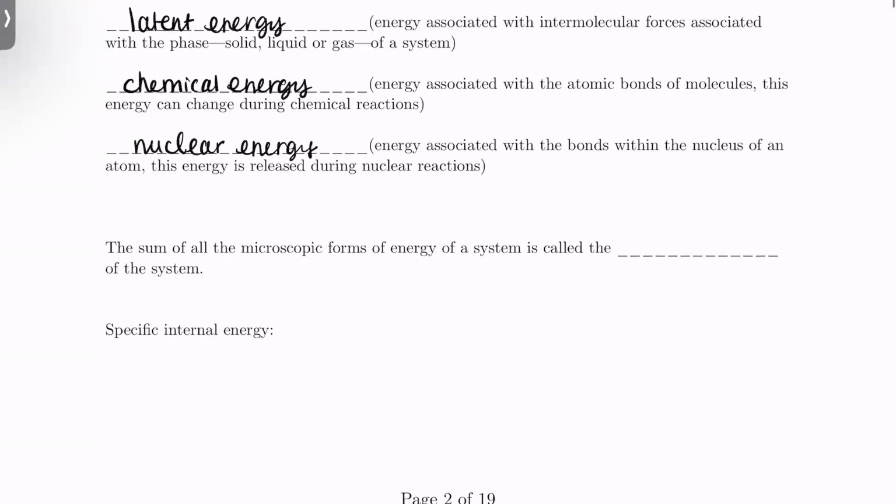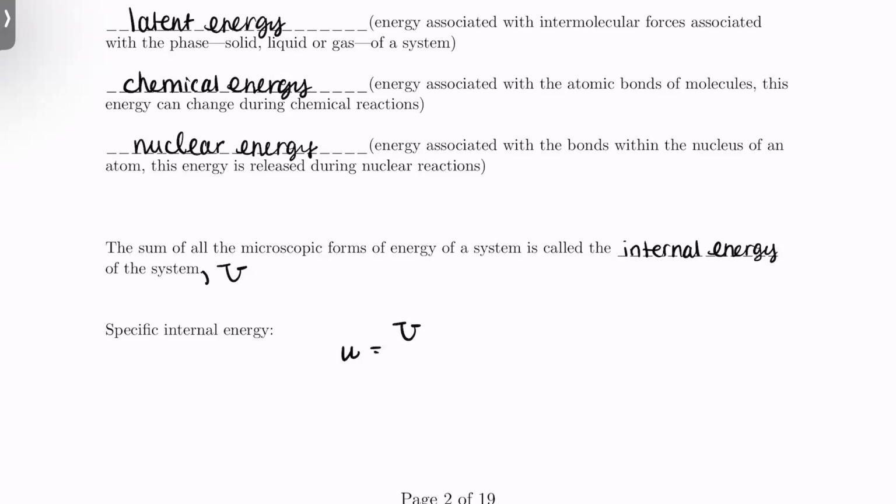The sum of all the microscopic forms of energy of a system is called the internal energy of the system. And this is assigned the variable U, capital U. So specific internal energy is a lowercase u, which is why I'm writing the uppercase U in such an obnoxious way, because it's hard to distinguish capital and lowercase U's in handwriting.